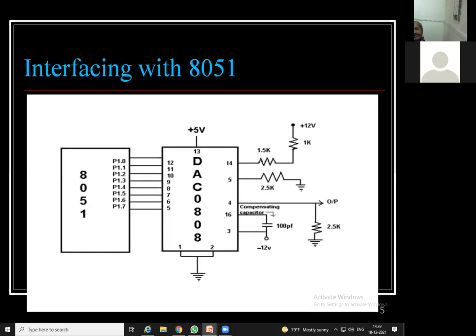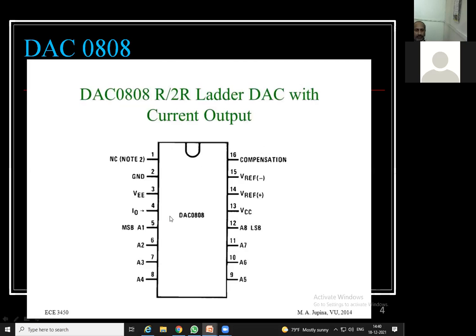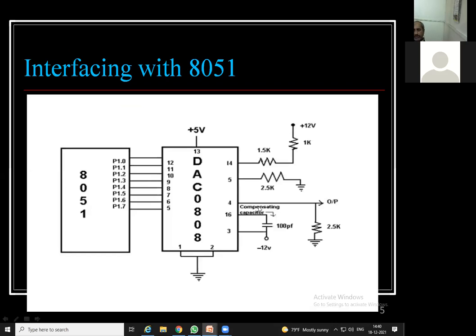So how do we make the connections? They are shown in this diagram, and you will see that the output is taken from pin number 4, which is the IO, written here. It works as the output, through which you will get the output. Through pin number 3 and 16, one capacitor is going to be used. This is the minus V reference, that is minus 12 volt.